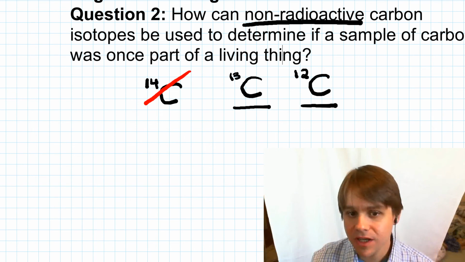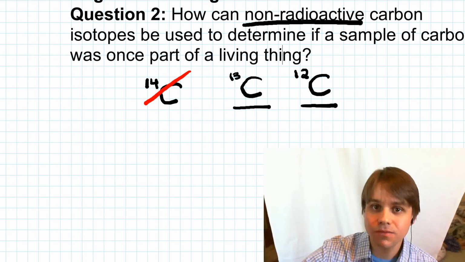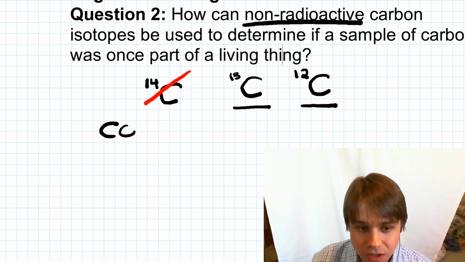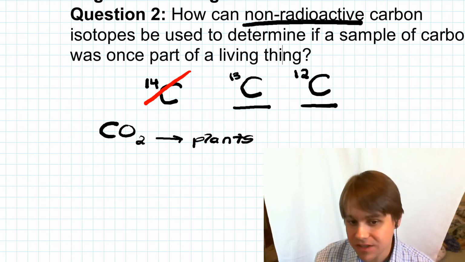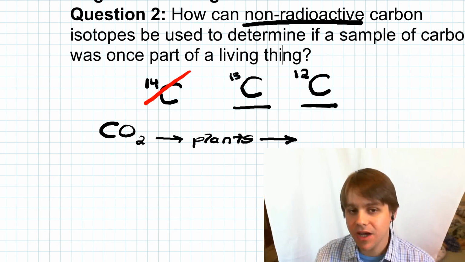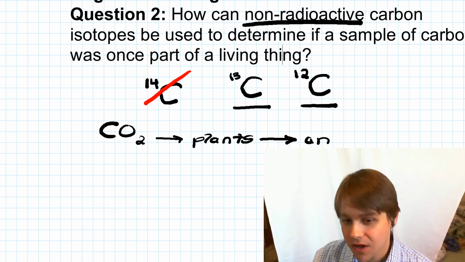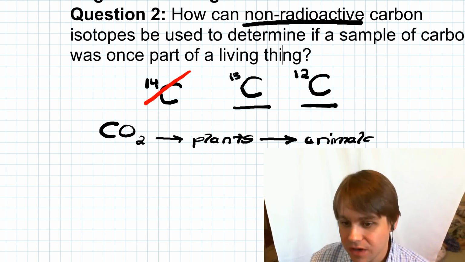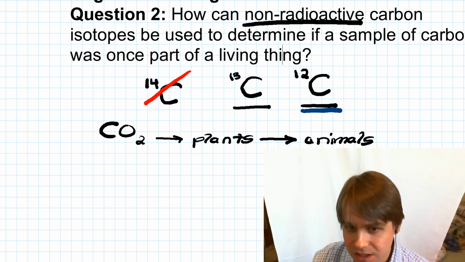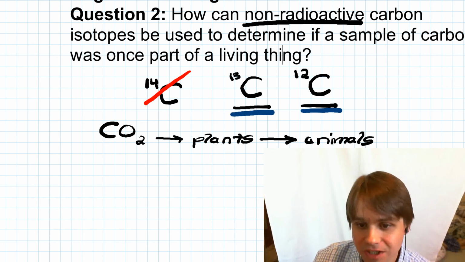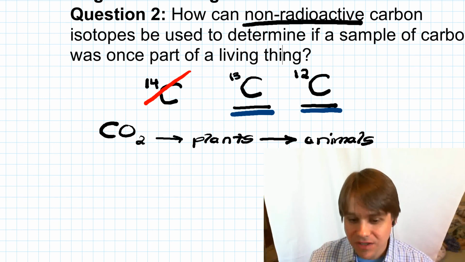So if all of the carbon in your body has been processed through countless chemical reactions, from CO2 in the atmosphere, to carbon in plants, to all the different cells in your body, to proteins and lipids and all the different molecules that make up who you are and do all of the different jobs that life requires, then this slight bias towards carbon-12 over carbon-13 will tend to accumulate.